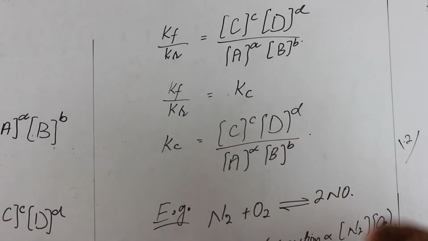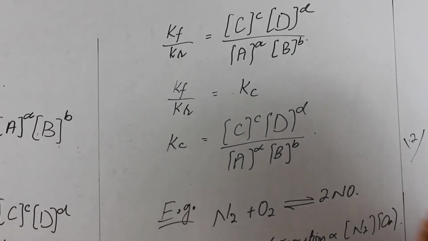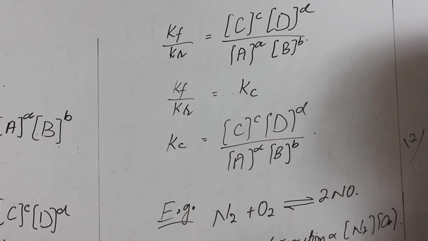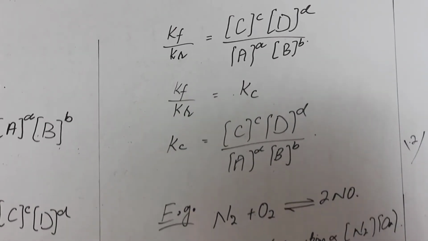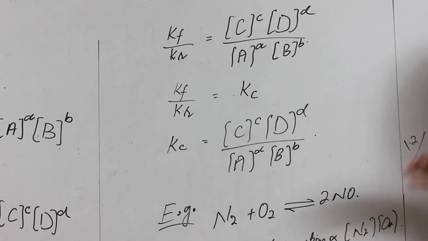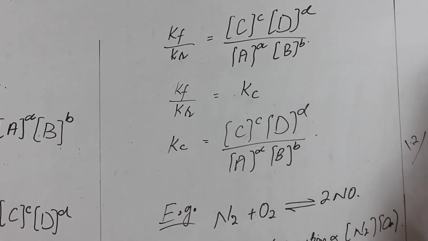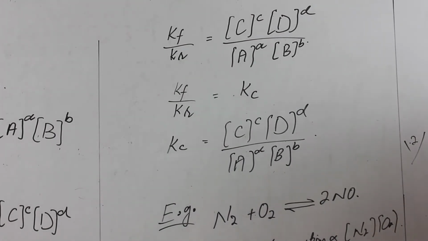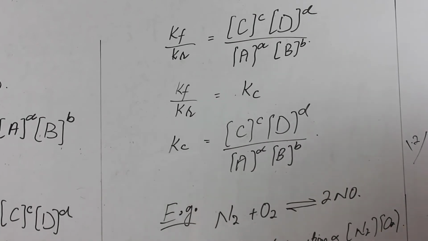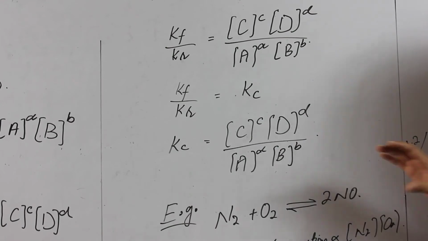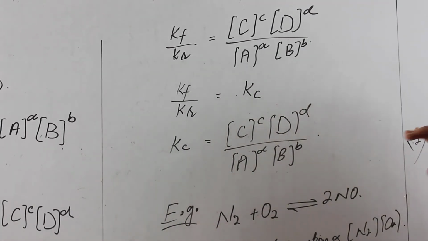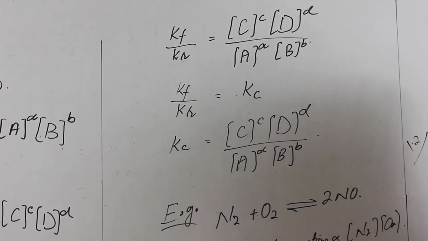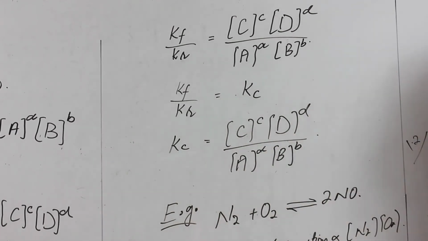By applying the cross exchange method, the constants are put on one side of the equal sign and the variables on the other side. After applying the cross exchange method, the ratio between the forward and the reverse constants is equal to a new constant, the equilibrium constant, represented by Kc.